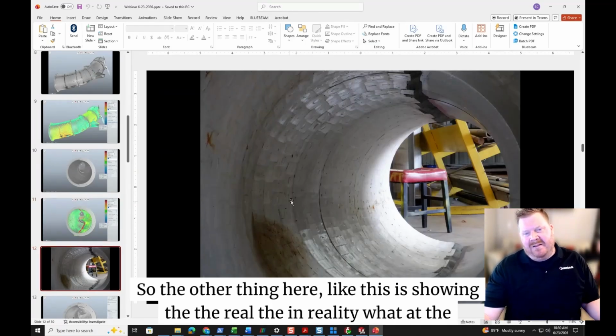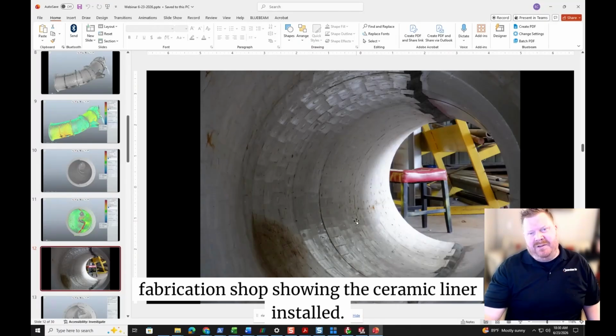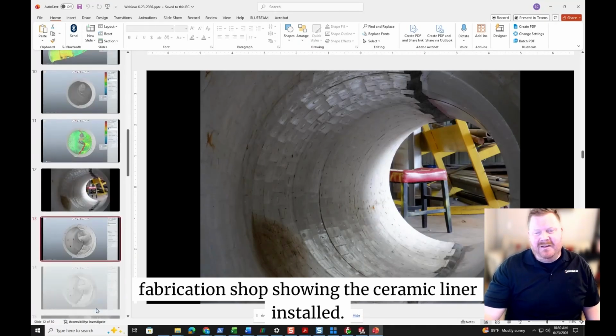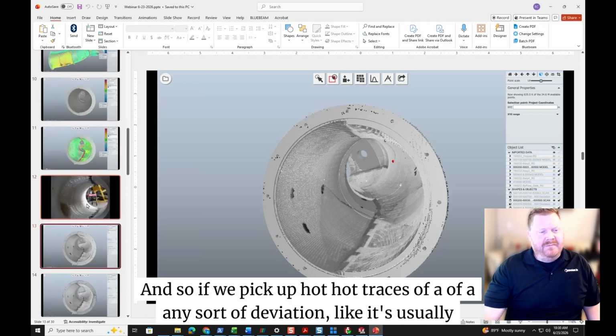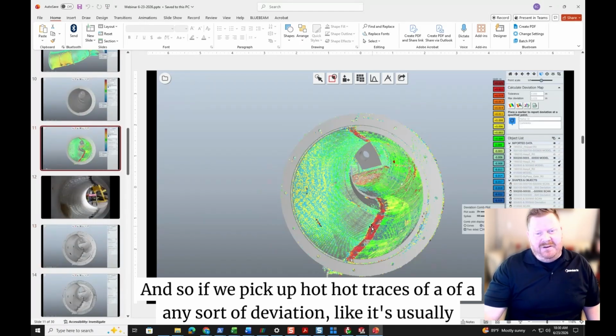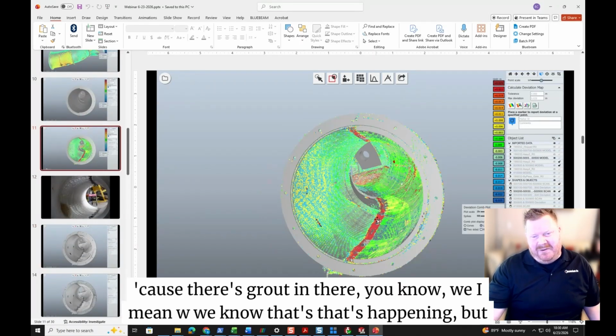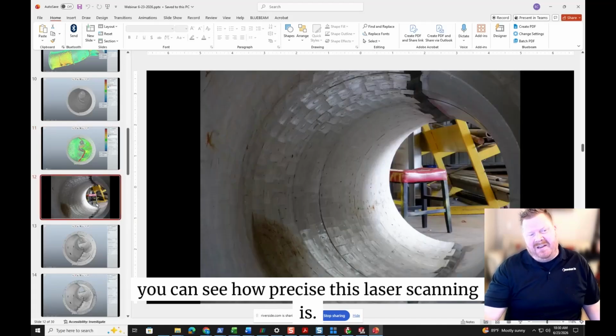The other thing here is this is showing, in reality at the fabrication shop, the ceramic liner installed. If we pick up hot traces of any sort of deviation, it's usually because there's grout in there. We know that's happening, but you can see how precise this laser scanning is.